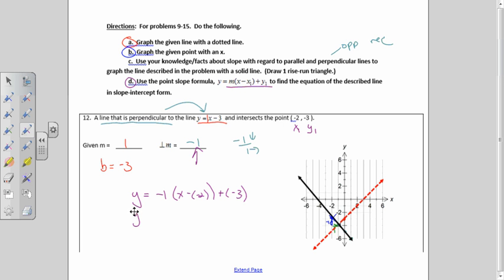So I will clean up my double signs first in the quantity, change minus negative to plus, and plus negative to minus. Then I will distribute, get y equals -x minus 2 minus 3. Then I'll combine the like terms. Get y equals negative x minus 5.